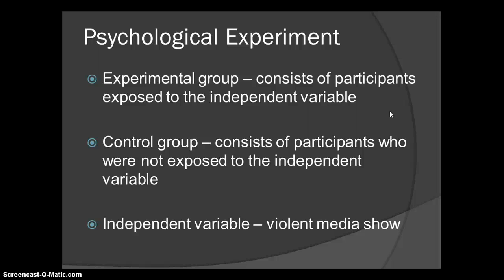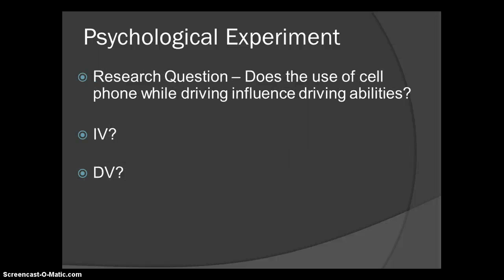Because if we find that participants are exhibiting more violent behavior both after watching the show and when not watching the show, then our experiment was a failure because we did not show that the violent media show exposure actually contributes to aggressive behavior, for example.